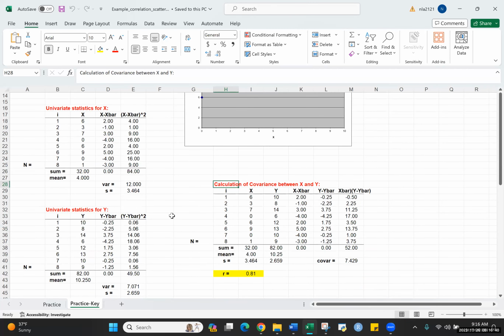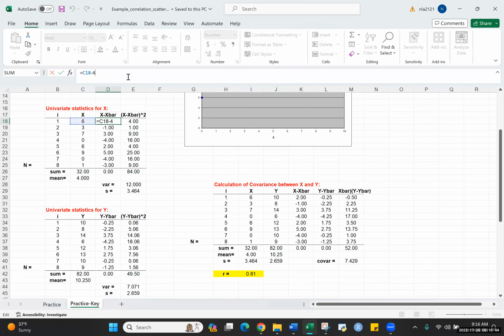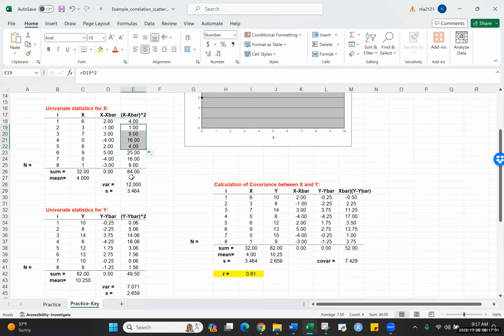In Excel, this should only really take a minute, right? Like if you look here, I've got the mean of x is 4. So I'm just subtracting 4 from each. And then here, I'm just squaring it, right? So I'm pointing to D18, squaring it. And remember, you can drag these down, so you only have to really type the formula once.